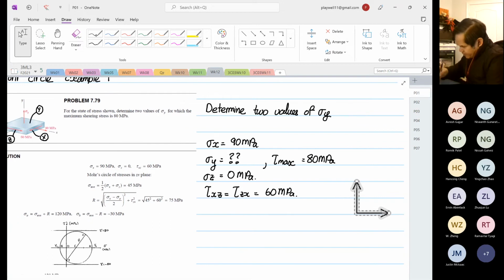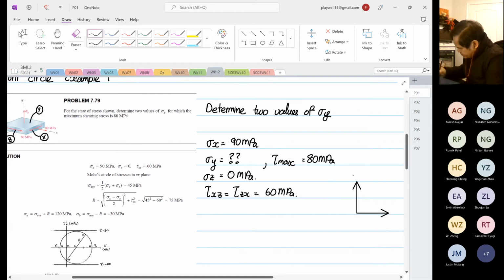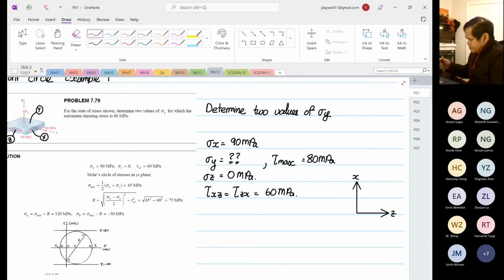So if this is my X and that is my Z, why do I put it this way? Because that's the orientation where going up is positive, going towards the right is positive. That's the only reason.